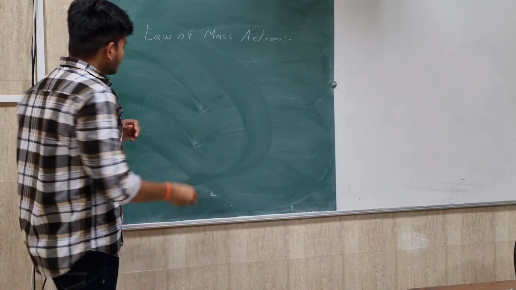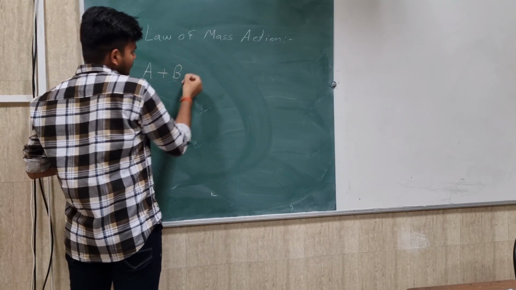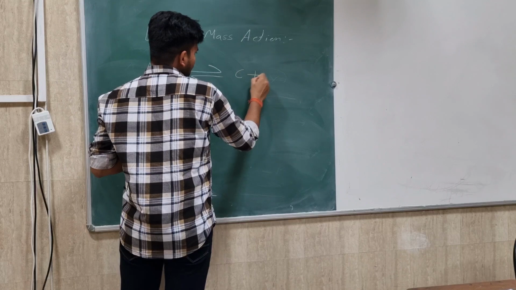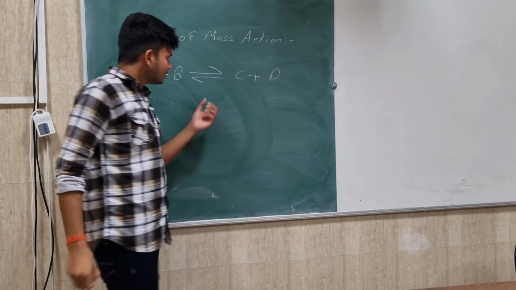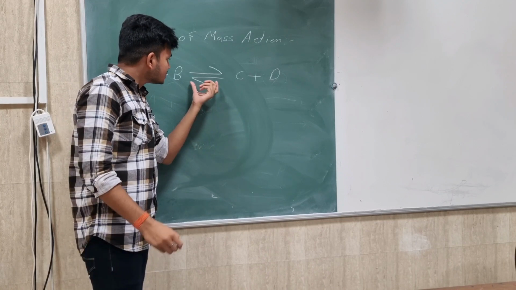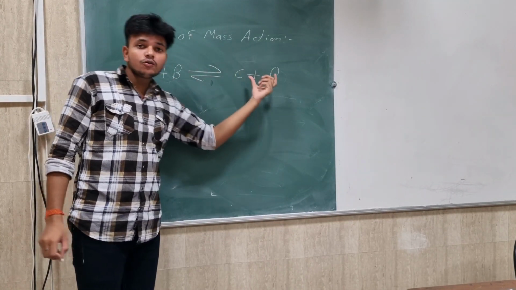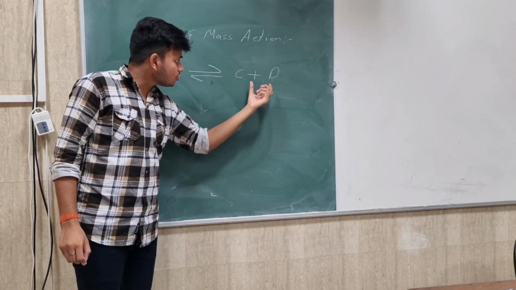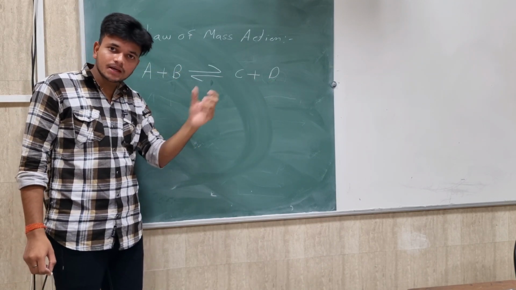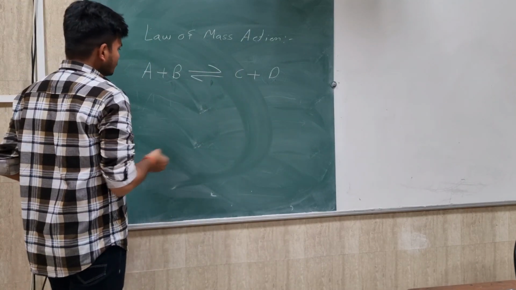For example, we can write A plus B to give C plus D. This is the equilibrium. This is the sign of equilibrium, in which reactant converts into product. Also, product converts into reactant. This is the equilibrium sign. Okay? That's it. Here we can see.